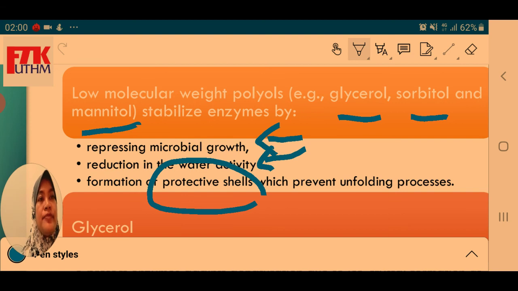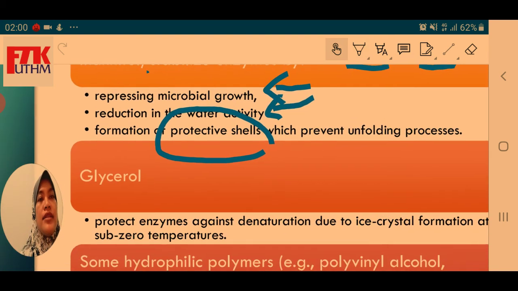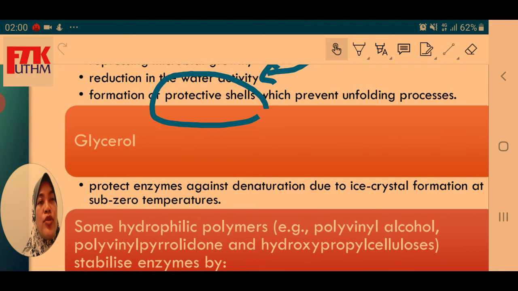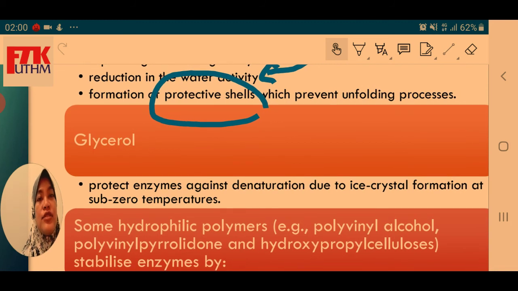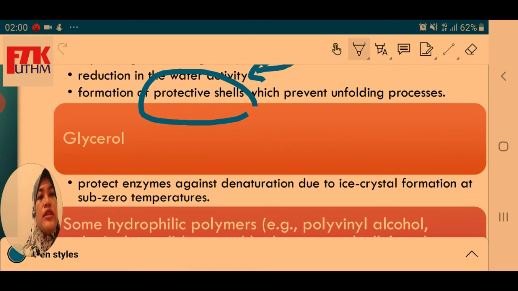Another thing you can add into your enzyme mix is glycerol. Glycerol protects enzyme against denaturation when you store it at sub-zero temperatures, -80 for example.